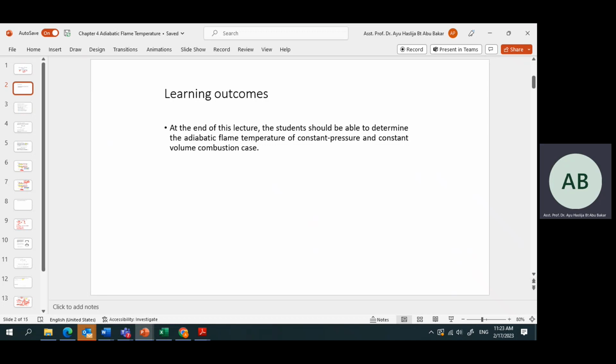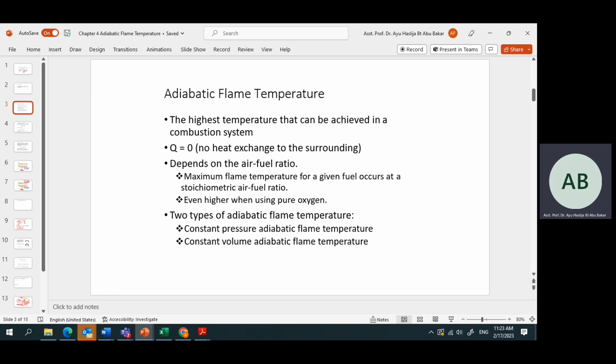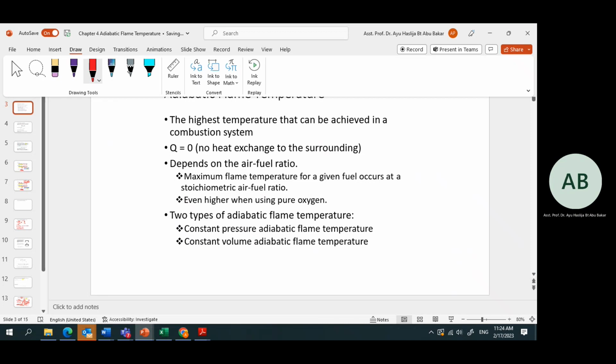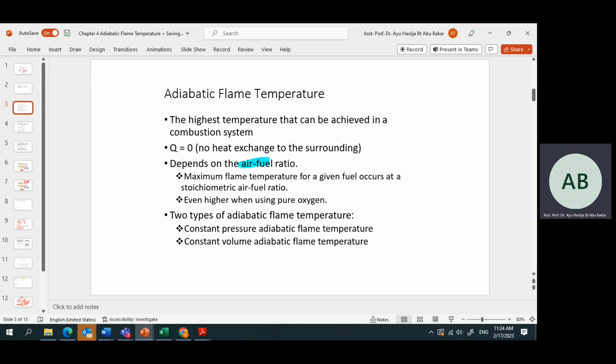There are two cases: constant pressure and constant volume. The adiabatic flame temperature should be the highest temperature that can be achieved in a combustion system, where Q equals 0, and it depends on the air-fuel ratio.